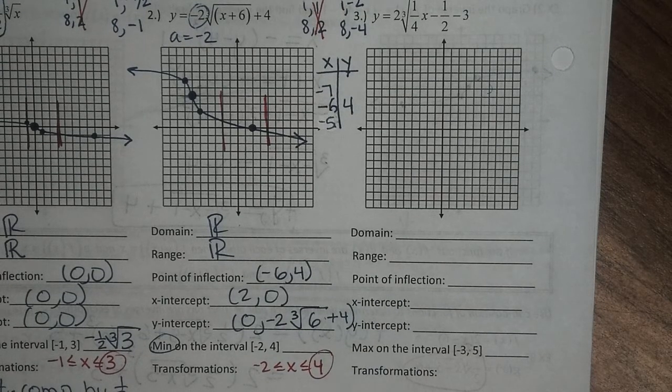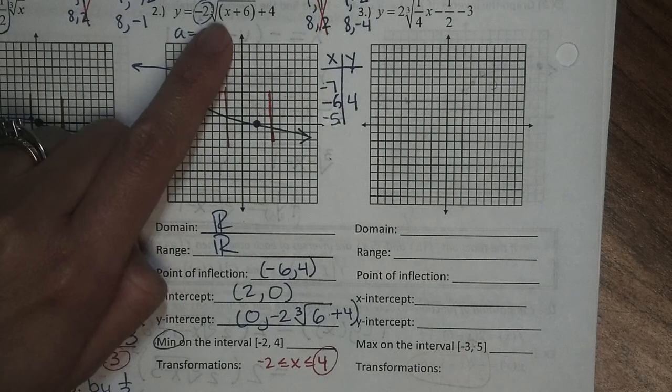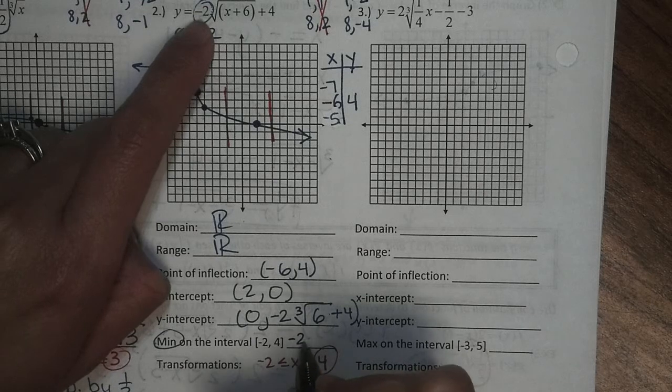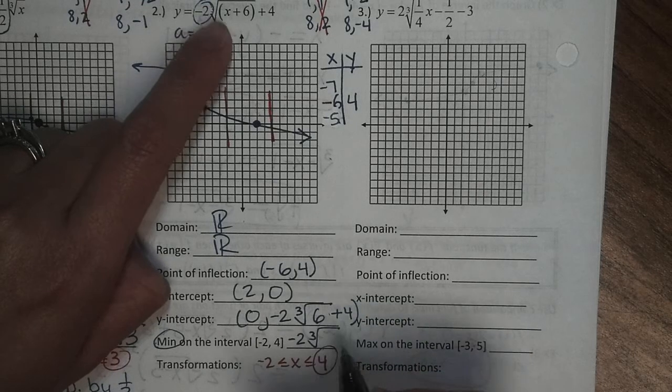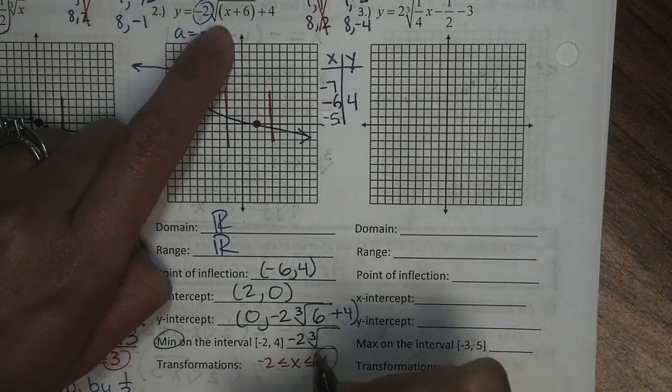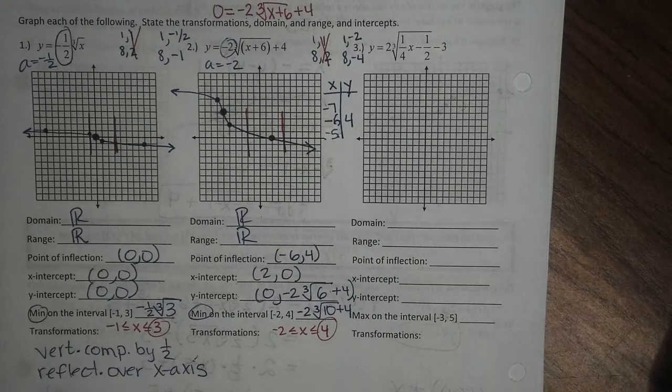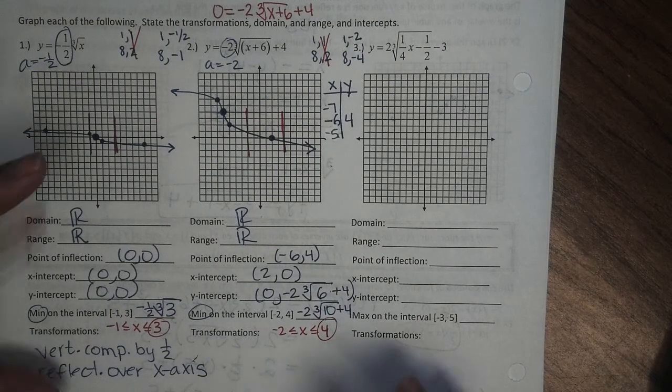In order to find the minimum value, you're looking for the y value. So plug in x = 4 to find the minimum y value. If x = 4, this would be -2 cube root of (4 + 6 is 10) + 4. Looks like that. And then finally, I'll list the transformations, and then I'll answer any questions you might have before you leave.